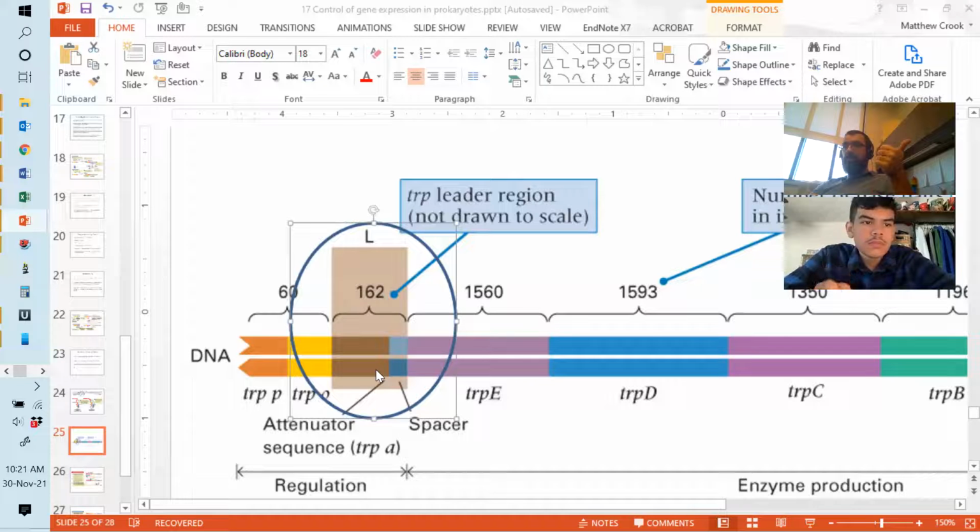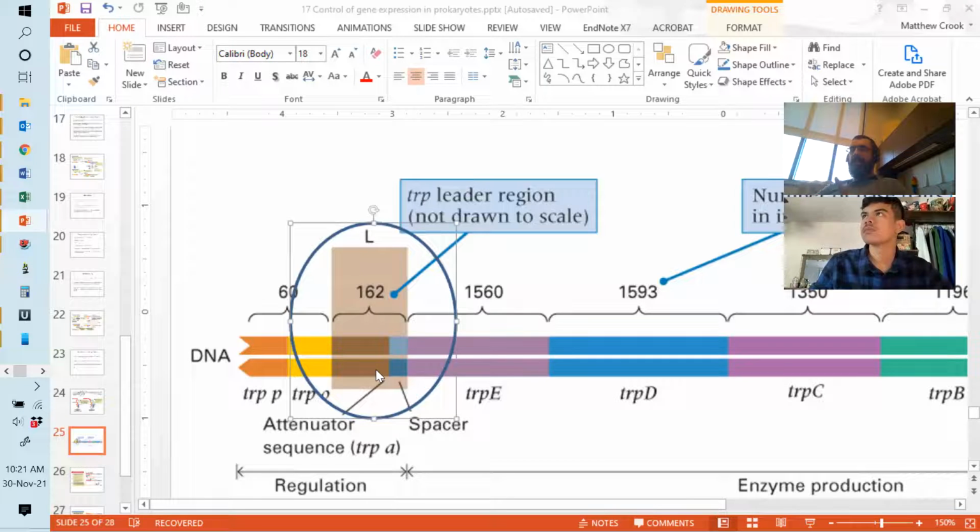Leader mRNA is produced. The leader region has two different conformations, one pro, one anti-transcription. And three, translation of the leader region is going to start before transcription of the structural genes, okay? And that leader region contains a couple of trp codons.